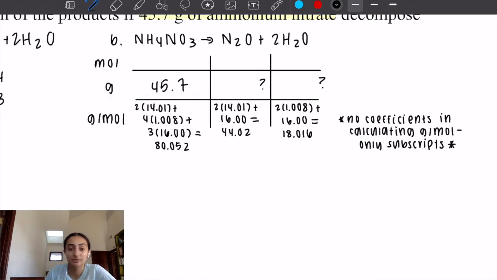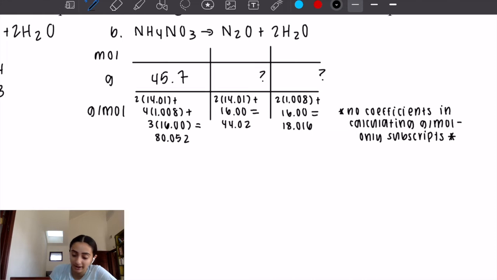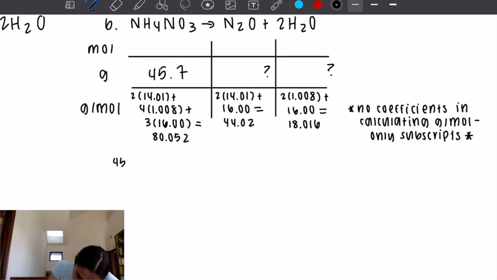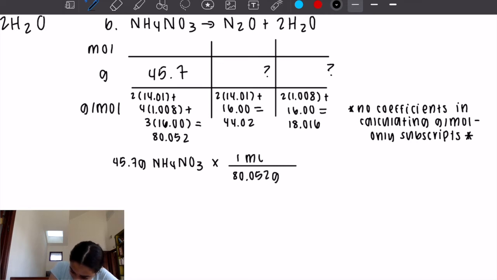Okay, so now let's move on to our calculations. We are going to determine the moles of NH4NO3 given the mass. So if I start with 45.7 grams NH4NO3, I'm going to convert that into moles. So I'm going to put the grams on the bottom and moles on top because I'm multiplying by molar mass, but technically dividing by molar mass because the mass is on the bottom.